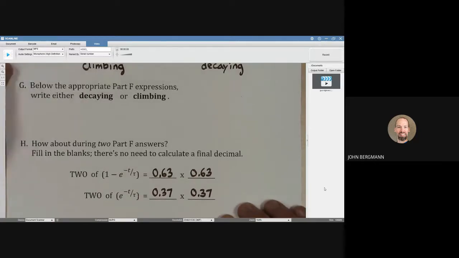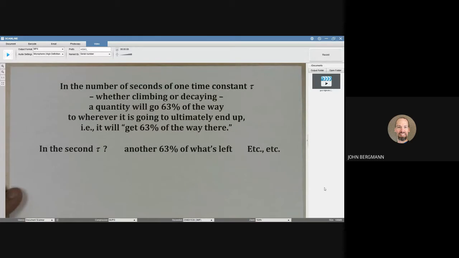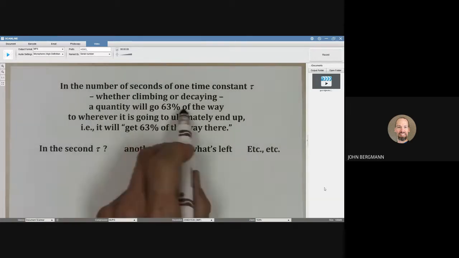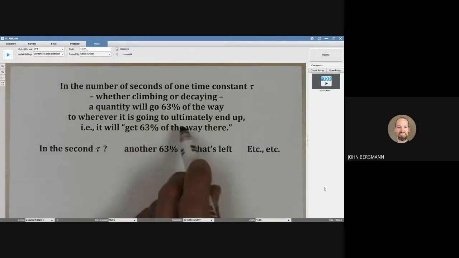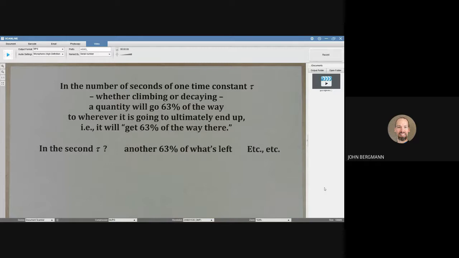To summarize this, in the number of seconds of one time constant, whether climbing or decaying, a quantity will go 63% of the way to wherever it is going to ultimately end up. In other words, it will get 63% of the way there. Whether it's climbing or whether it's falling, in one time constant, it's going to move 63% of the way to its final destination.